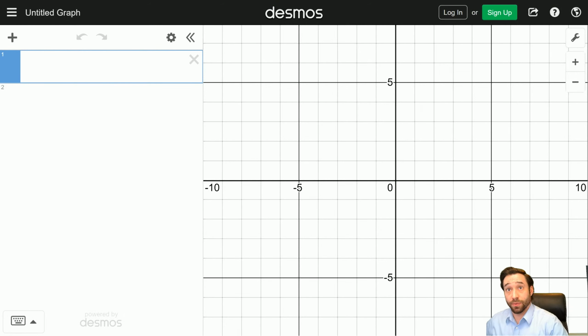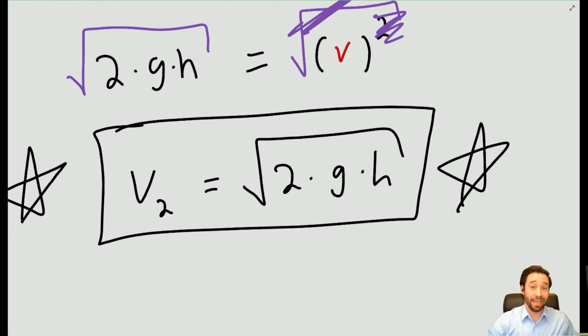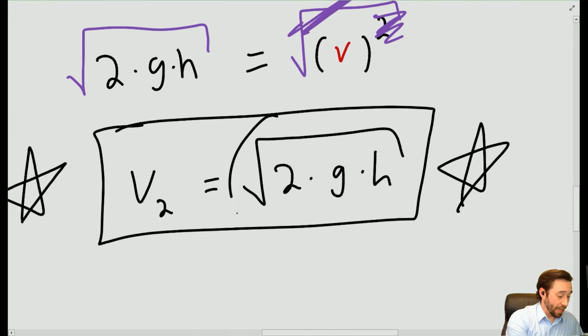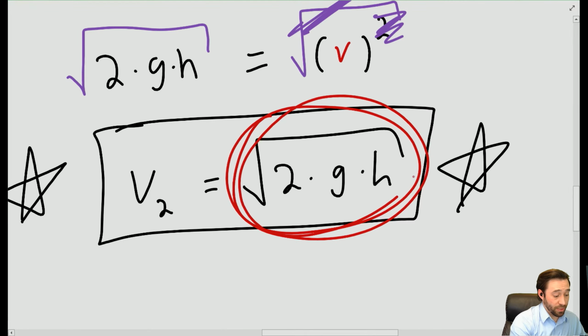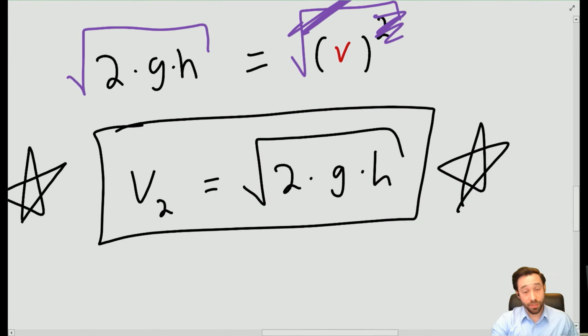So on Desmos, desmos.com, what I can do is I can let us start off with finding the velocity. Okay. So what I'm going to do is I'm going to make sure that inside of Desmos, I'm going to have this equation, this one here, the square root of 2 times g times h. I'll make sure that looks exactly the same as in Desmos. Okay? So here's a way to do it.